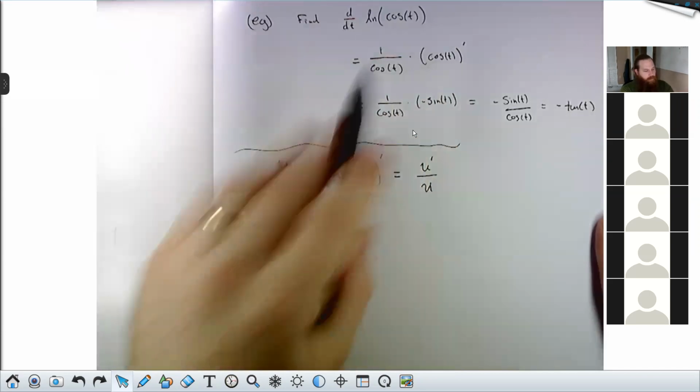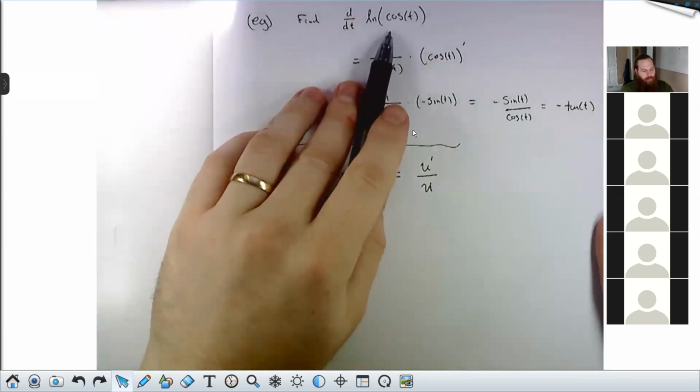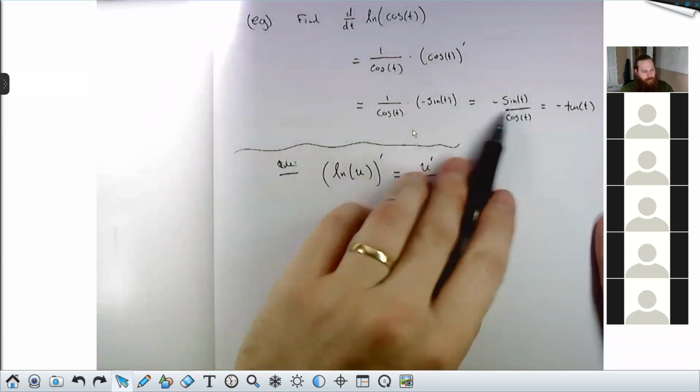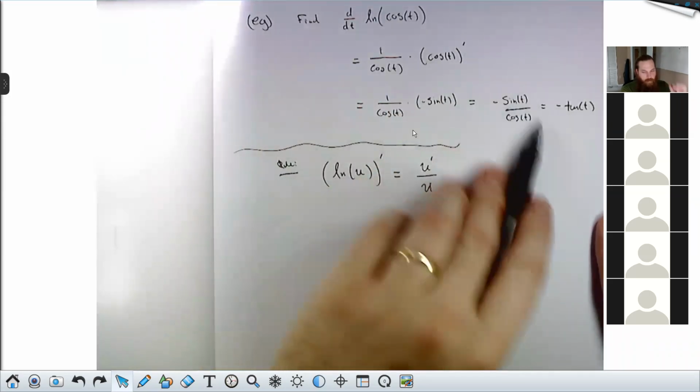So here we have the natural log of cosine differentiating to negative sine over cosine. This is the derivative of cosine divided by cosine itself.